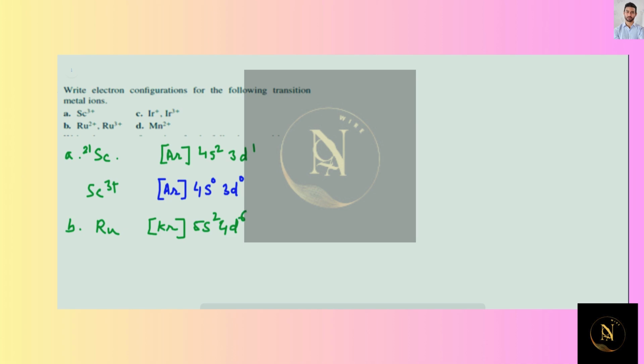It is below iron and in the fifth period, 8th group. So this should be the outer electronic configuration in case of ruthenium.